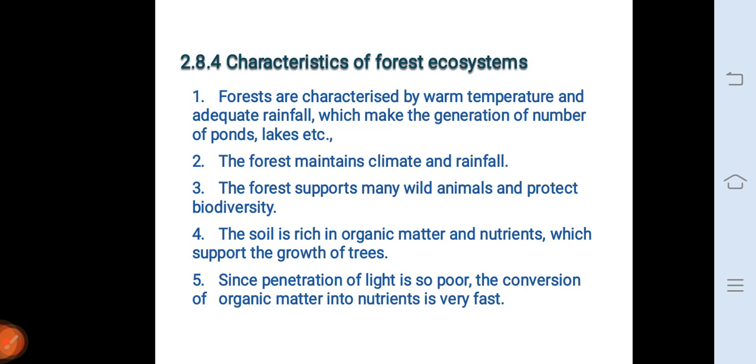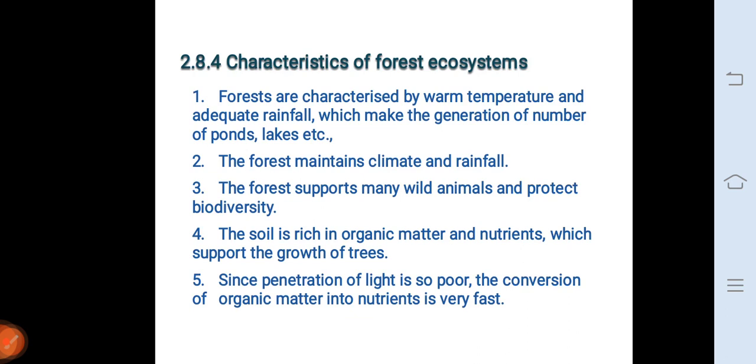And next is the river or stream ecosystem, or generally we call it an aquatic ecosystem. Aquatic means an ecosystem that is related to water. So water also has very important characteristics and functions. It is a fresh water and free flowing water system. Due to mixing of water, dissolved oxygen content is more.